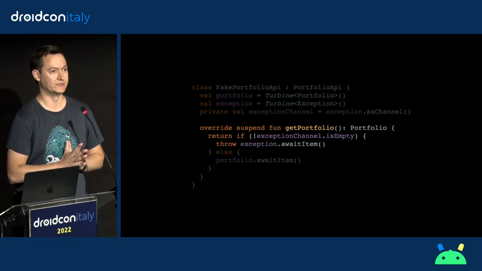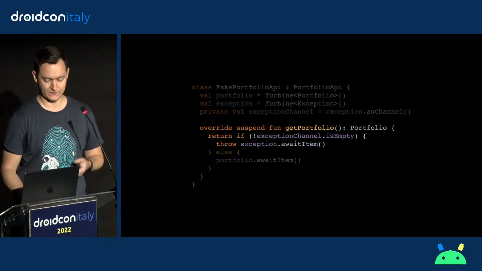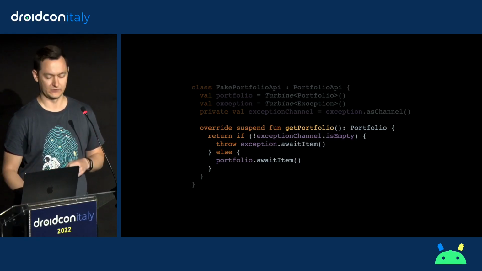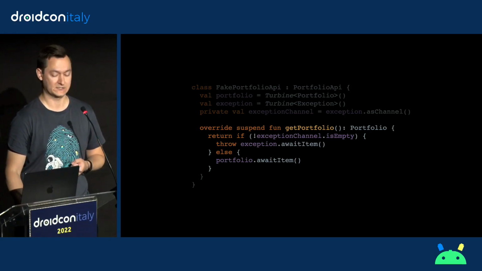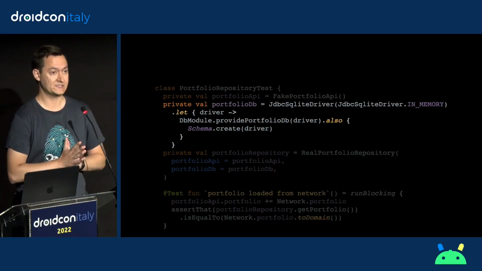What our implementation does is that if we injected an exception into the fake, it's going to throw it. And if not, we're just going to wait for an item from our portfolio Turbine. Later we'll see how we can use this fake in the test. But right now, let us finish setting up our portfolio repository test.